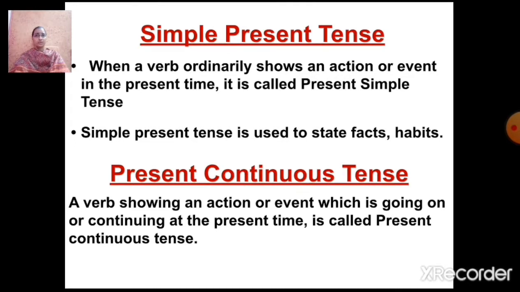Then we also learn that is is always used with singular subject like he, she and so on. Then am, as I said earlier also, it is very evident, we use with I. Then is and are we are going to use with plural subject.